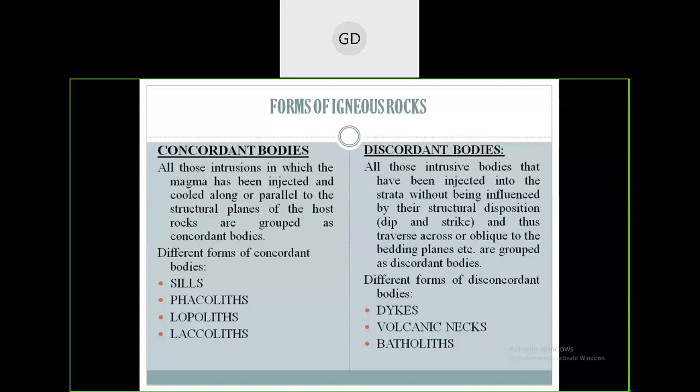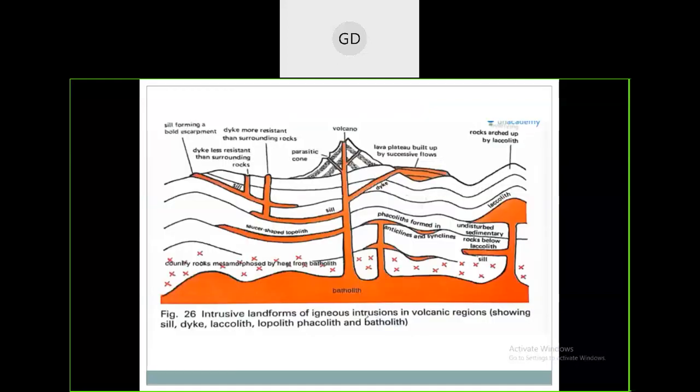We have some different forms of concordant bodies and discordant bodies. What are the forms of concordant bodies? They are sills, phacoliths, lopoliths, and laccoliths. And in the discordant bodies, it is dikes, volcanic necks, and batholiths. So let us understand all these terms by seeing this diagram. It is a diagram of a volcano, showing the intrusive landforms of igneous intrusions.